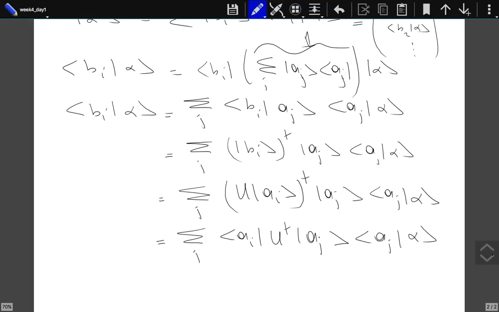And so I can write this BI ket, or when I take the dagger, the bra, in terms of U. So then I obtain this relation, but you see, this is nothing but the matrix element in the matrix representation of U dagger. So this is equal to sum over j U dagger, the ij element, multiplied with AJ alpha.